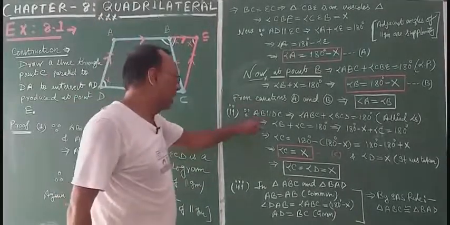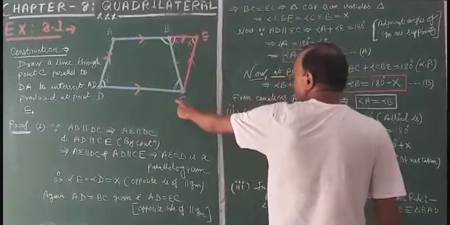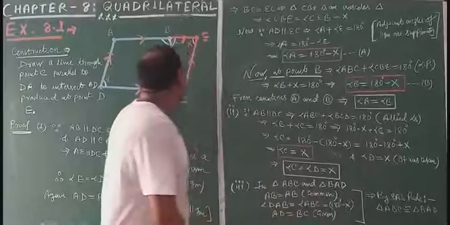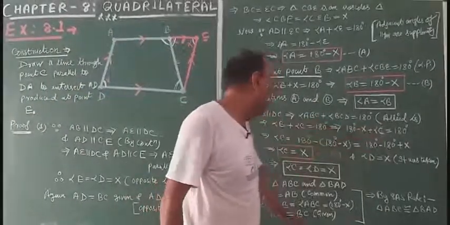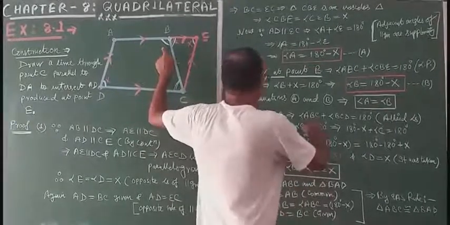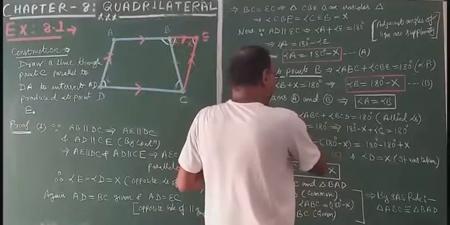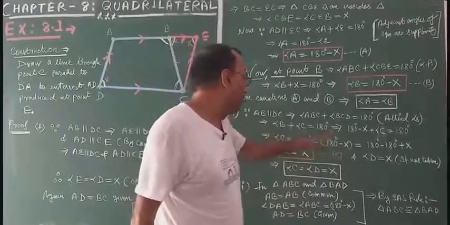So angle ABC plus BCD is 180 degrees. Angle B plus angle C of the trapezium, their sum is 180 degrees.